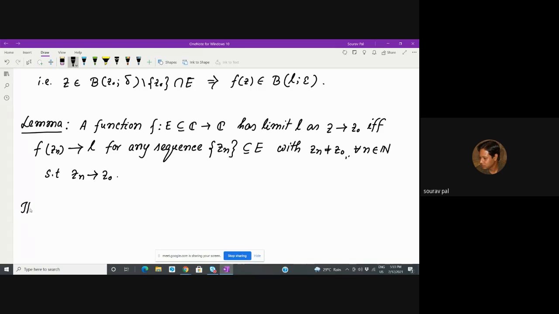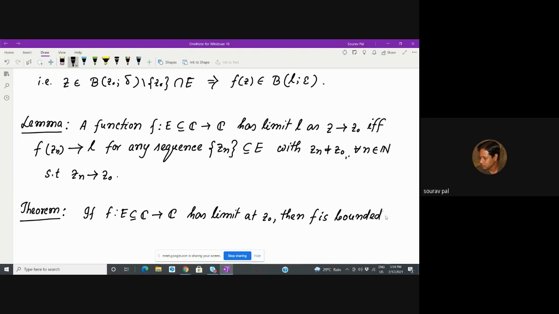We have a few properties, and I'm just recollecting them. If f has a limit at a point z naught, then f is bounded near z naught, meaning f is bounded in a deleted neighborhood of z naught.